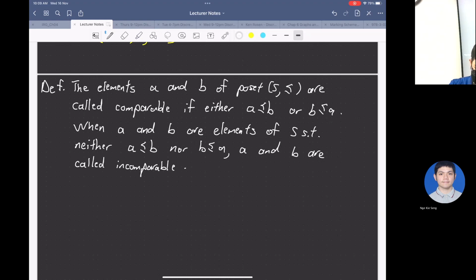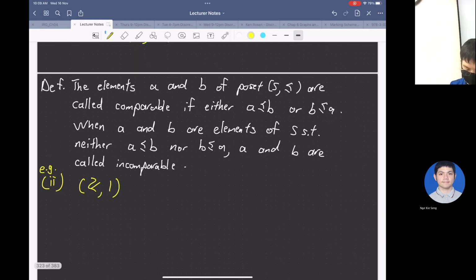Maybe we look at divisibility. Example 2. For example, 2 is less than 4, because 2 divides 4. 3 is less than 9 because 3 divides 9.